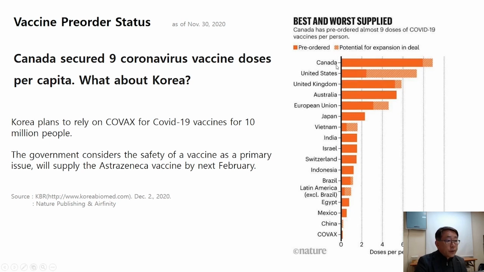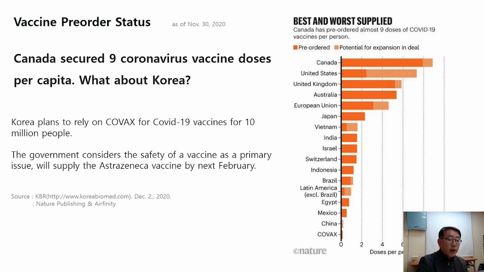Canada seems to be the top country, which has acquired about 9 doses for individual Canadian people, and the United States acquired about 7 doses for individuals, for Americans, and UK seems to acquire 6 doses, which is enough dose for 3 people, but 2 doses is equal to 1 person.